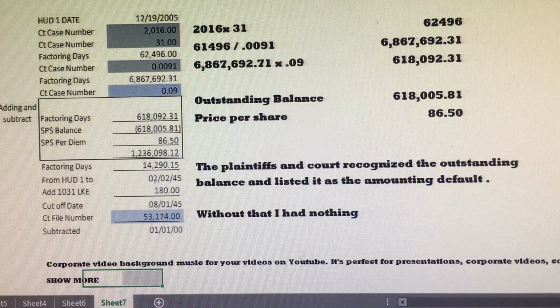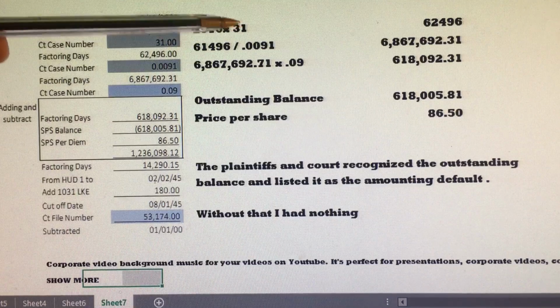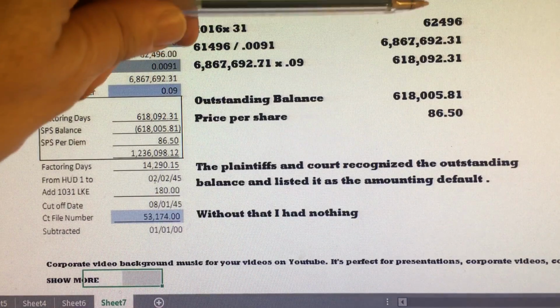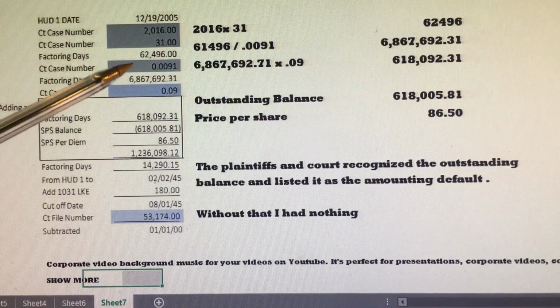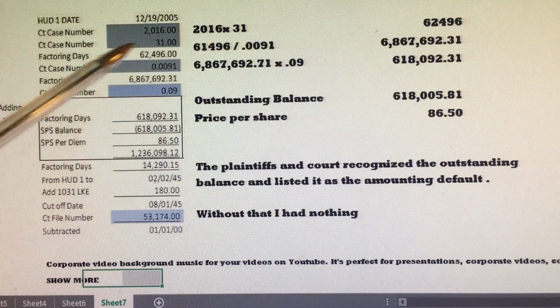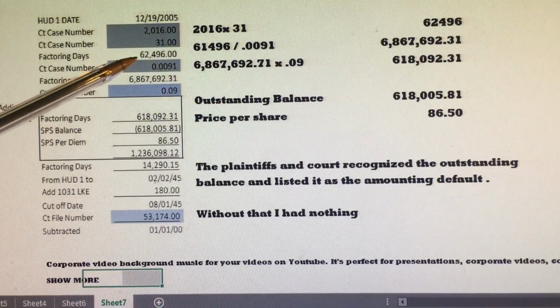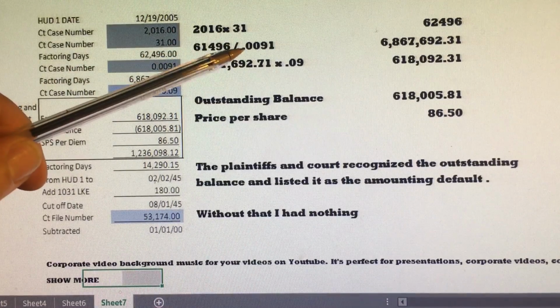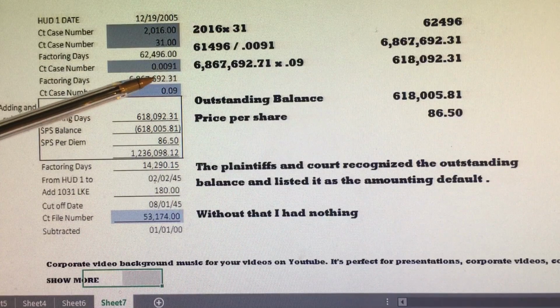And what we did was we multiplied 2016-31, and that gave us 62496. That's where I got that number right there. That's nice. Got a nice little error there, but we then took the 62946. There's an error right there. It should be 62496 divided by 0.091 gave us 6867692.